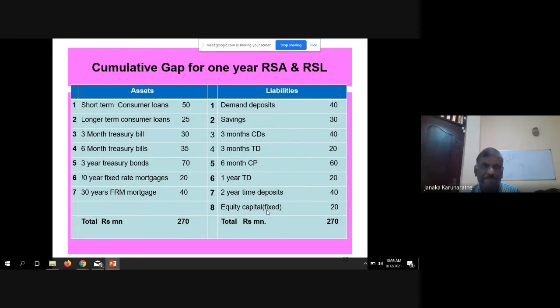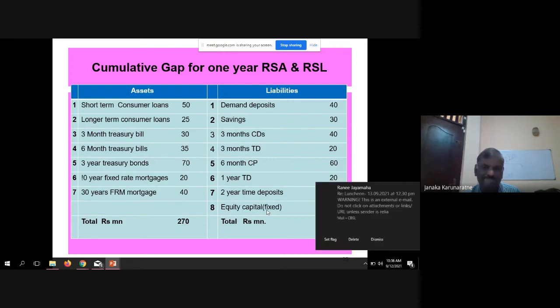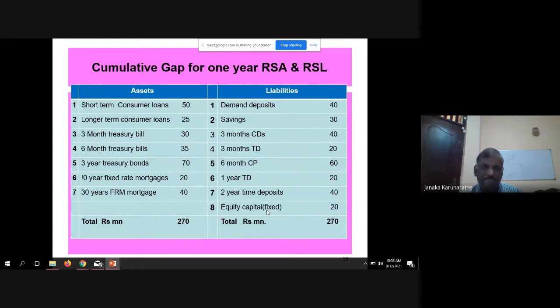Compute the cumulative gap and the gap ratio for 1 year. Can someone compute the possible rate sensitive assets for 1 year in this particular case?